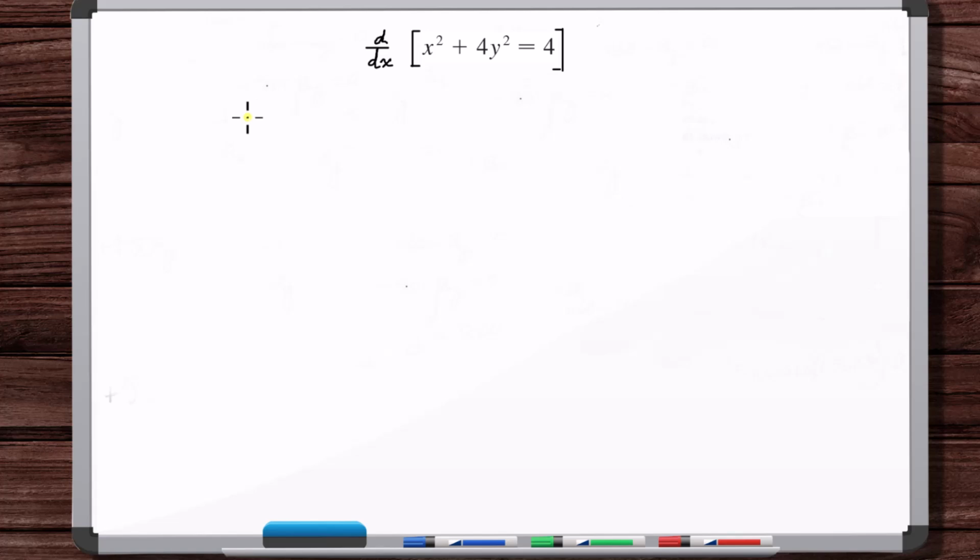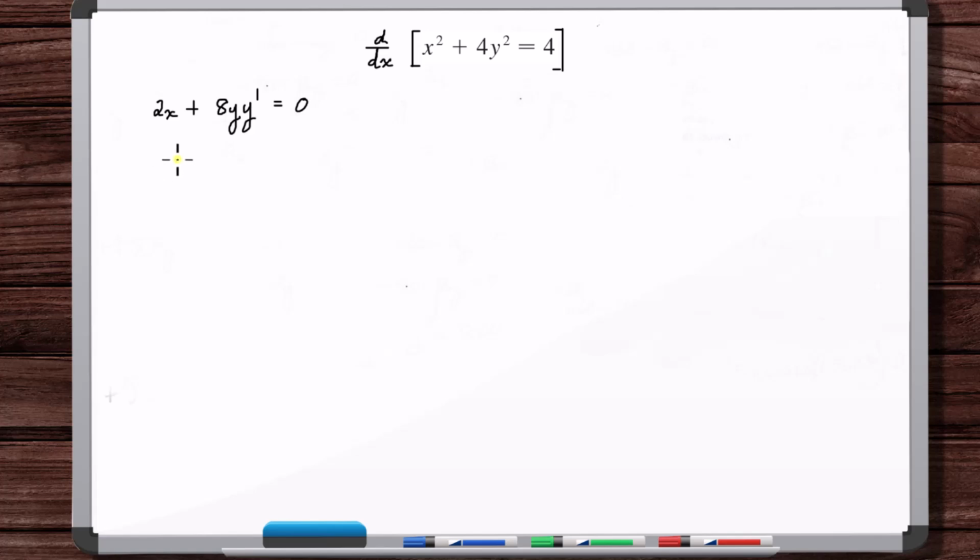So what we have is the derivative d dx of x squared is 2x. Then d dx of 4y squared is 8y y prime. And the derivative d dx of 4 is 0. Okay? Now, solve for y prime.